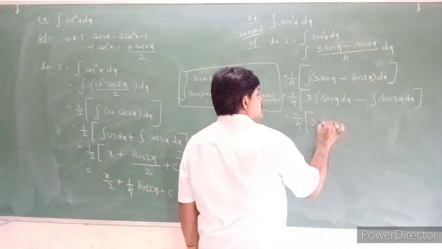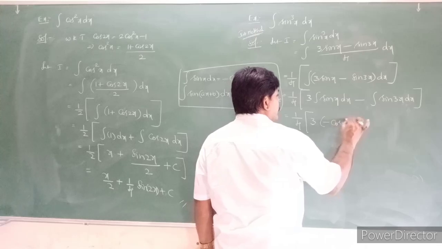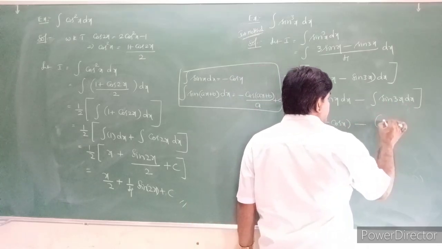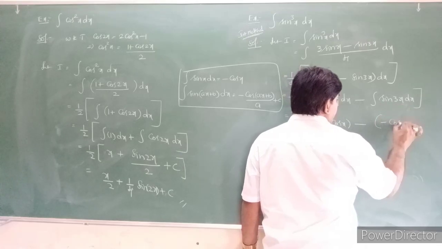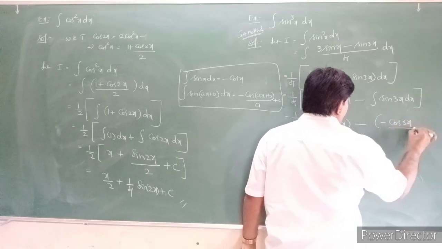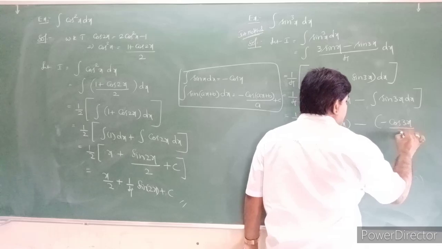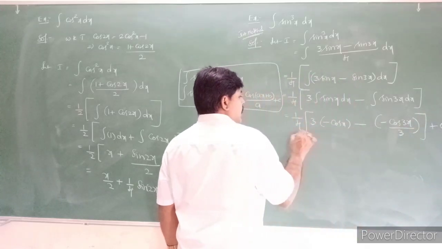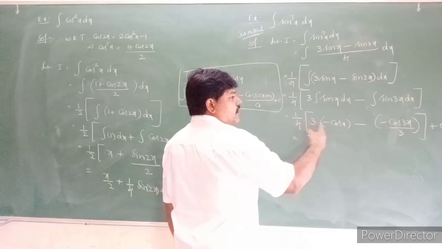The integral of sin x is minus cos x, minus the integral of sin 3x. The integral of sin 3x is minus cos 3x by 3, since the derivative of 3x is 3, plus c. So what happens? Multiply with 1 by 4, students.